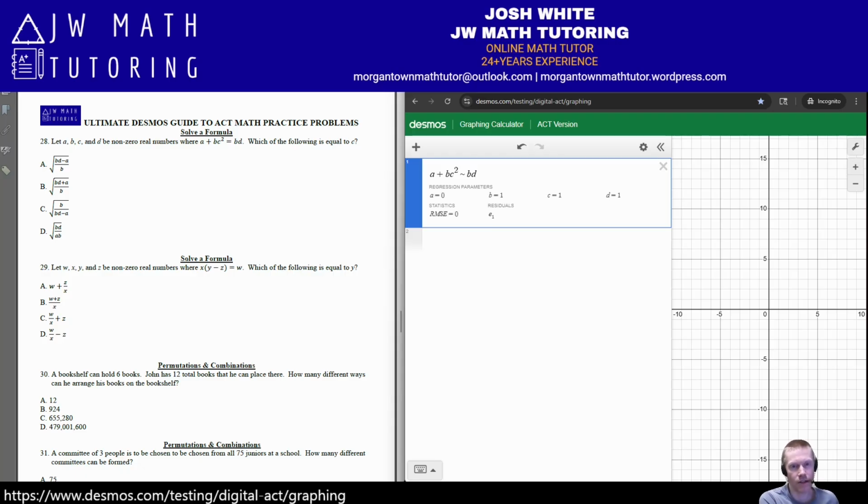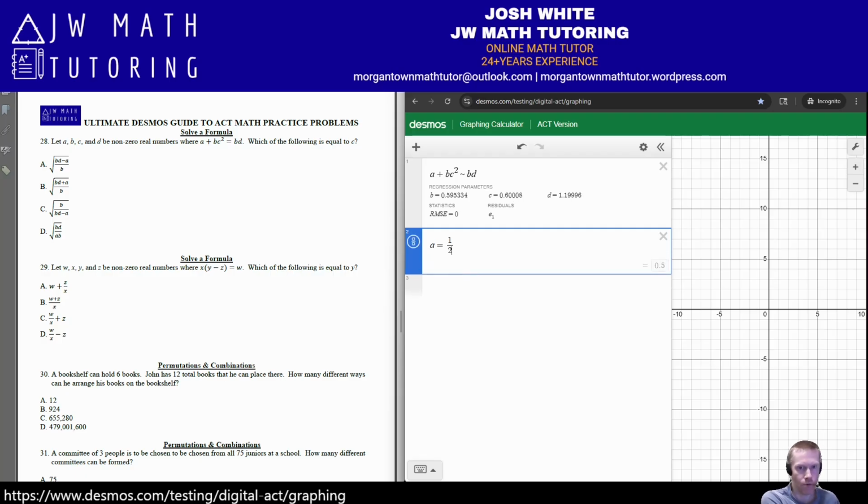Notice it assigns values to all the letters, but the problem is it's making A equal to 0. That is bad because it tells us that A is non-zero. So I'm going to make A 1/2. It said 1.2, but I actually typed 1/2, so whatever, we'll go with 1/2 because that works.